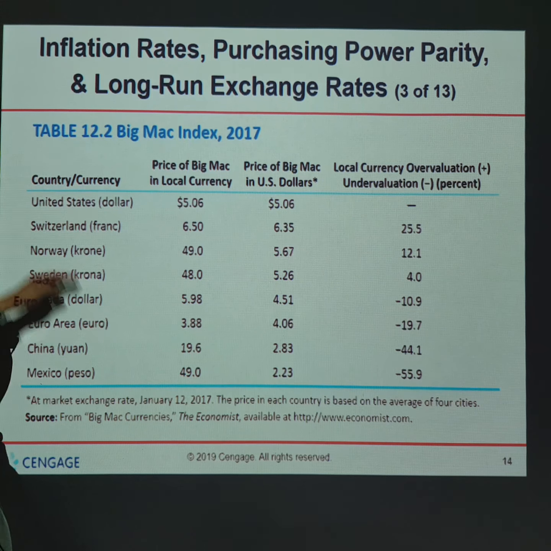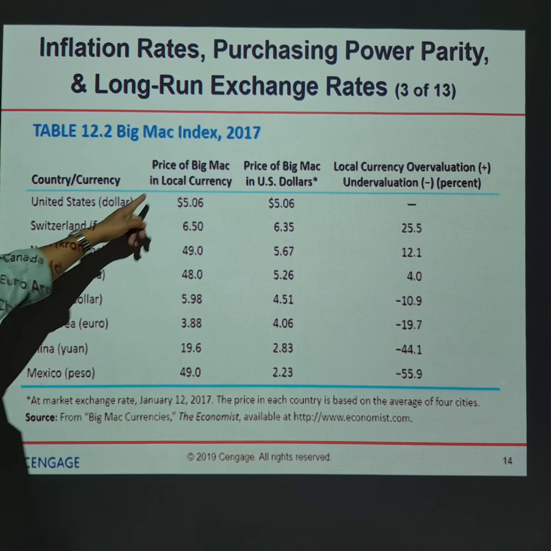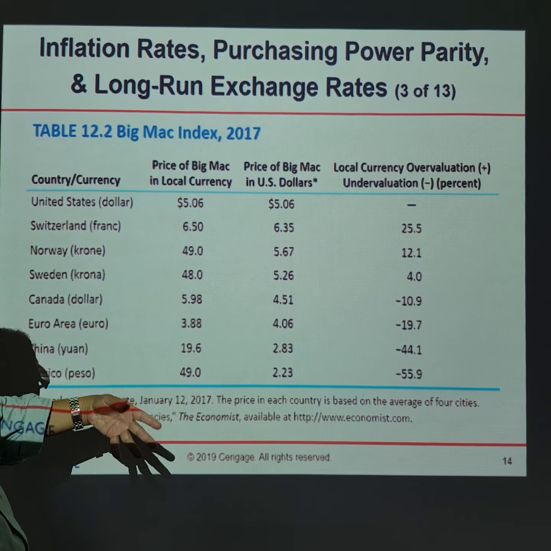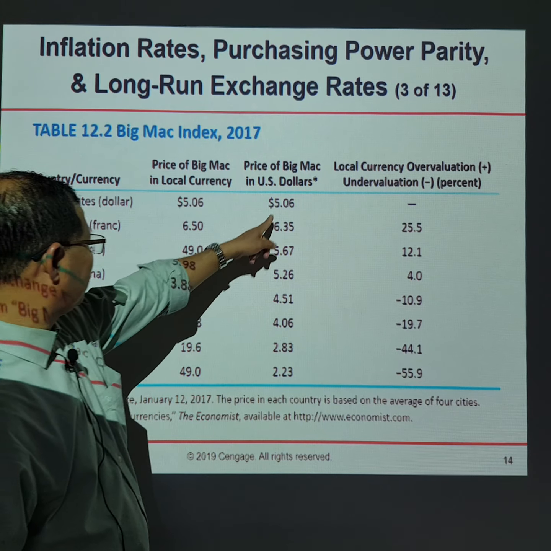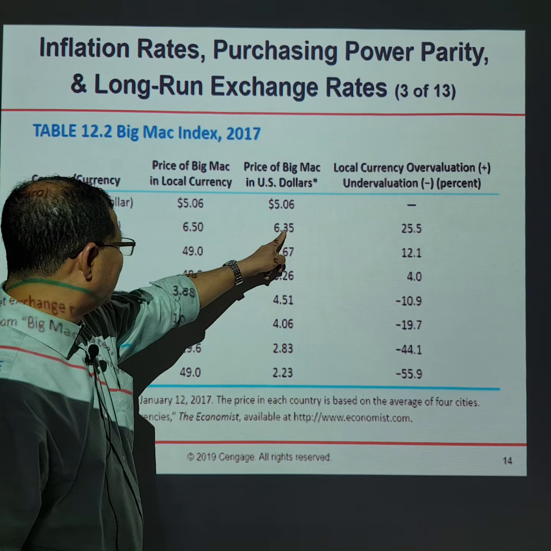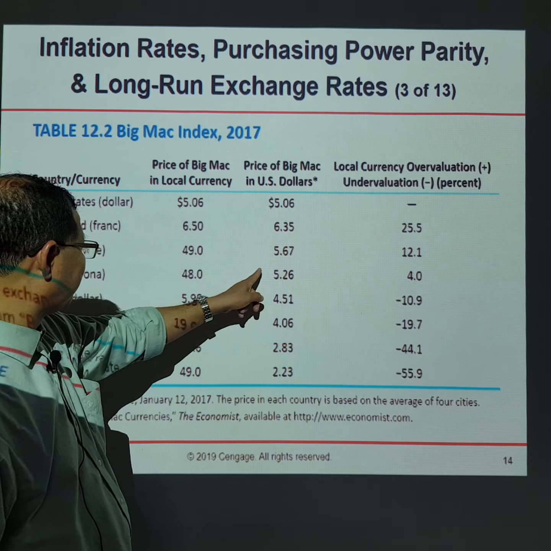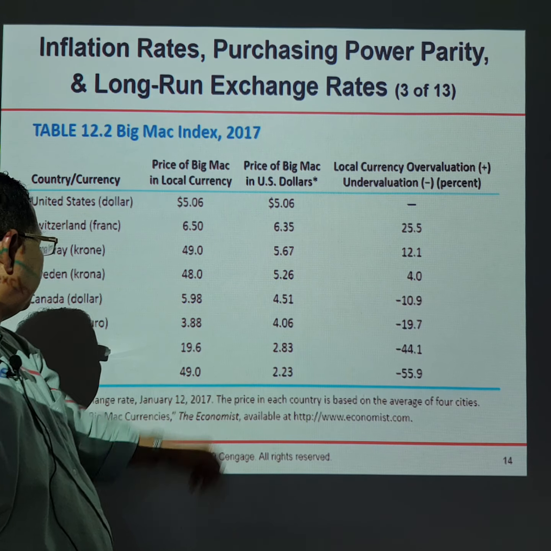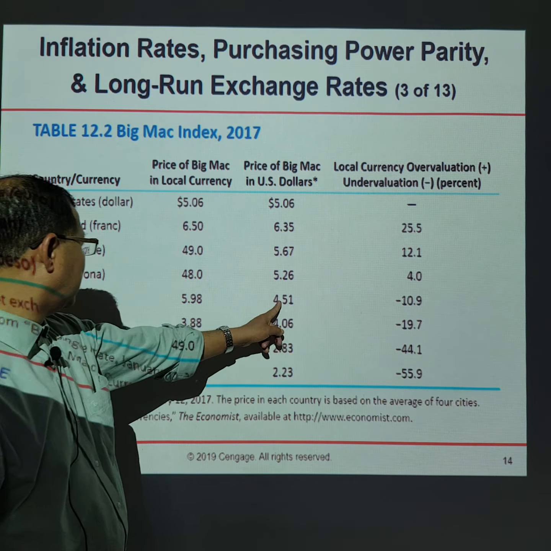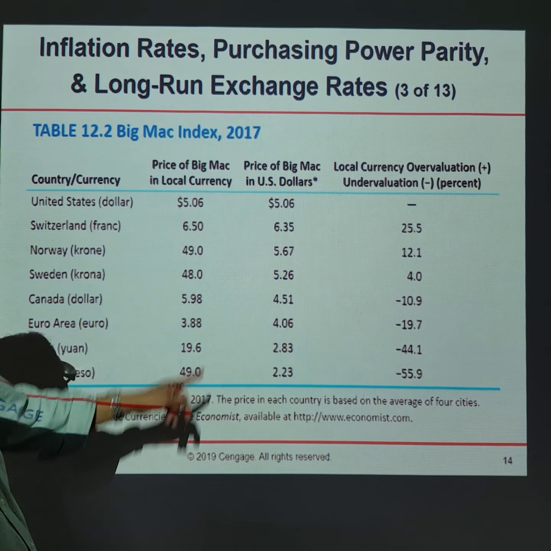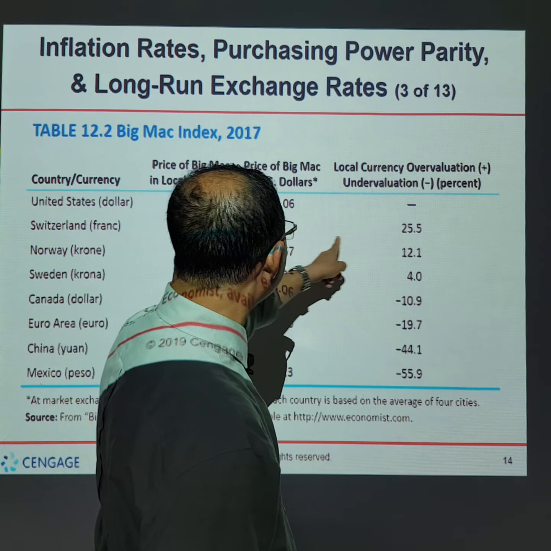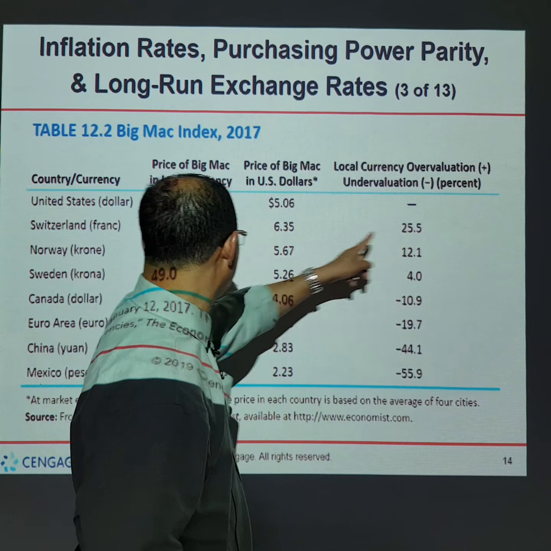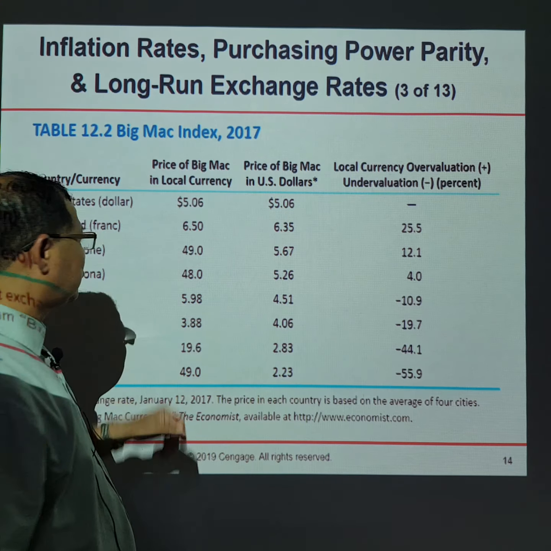This is in the United States, Switzerland, Norway, the countries, and the price of a Big Mac in local currency, $5, this is local currency, and converted into the price of a Big Mac in US dollars. So, same, less, much less, and so here that's overvaluation of the currencies.